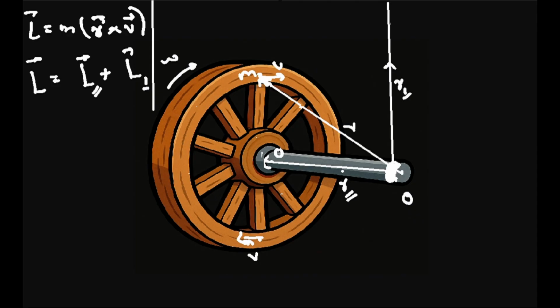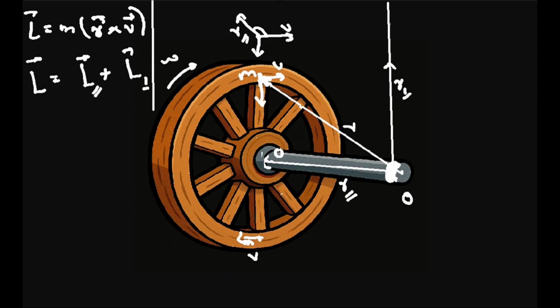Let's take the parallel one. This is r parallel and this is its velocity. If you draw the diagram, this will be the velocity and this will be r parallel. Then curl the fingers of your right hand in this direction and your thumb will point downward. Here also the thumb points downward, which means the angular momentum due to the parallel ones is downward.